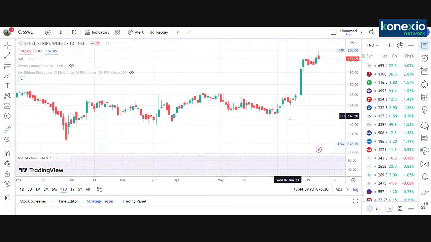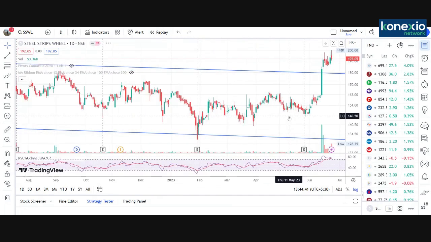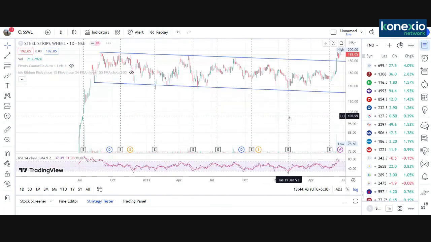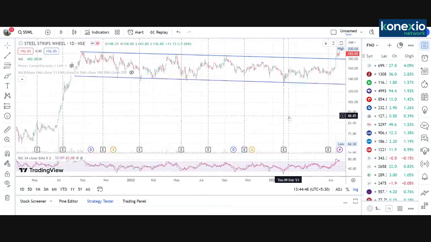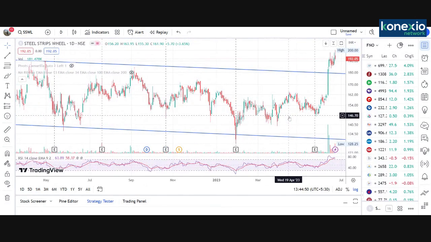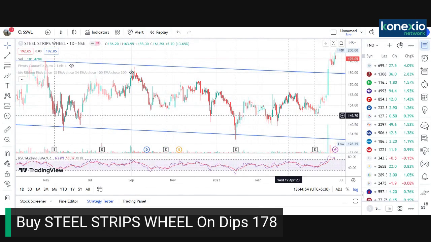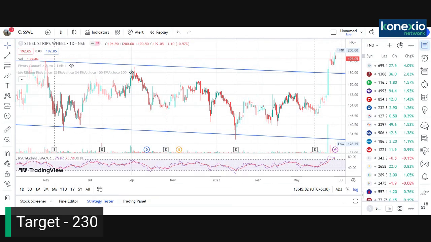So on daily, the stock is looking good, supported with strong volumes. So at least I'm taking a short-term view. Positional traders, positional investors, swing traders can accumulate the stock on dips to 178 for an upside target of 230, maybe in the next 3 to 4 or 5 months.